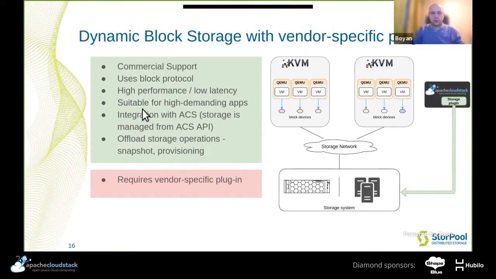Others not so much. Some of these systems are suitable for high performance and demanding applications. So, for example, if you run databases in virtual machines, this approach with the right vendor would likely work better than NFS or a shared disk file system like OCFS.